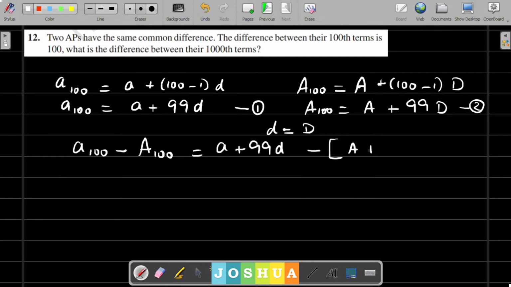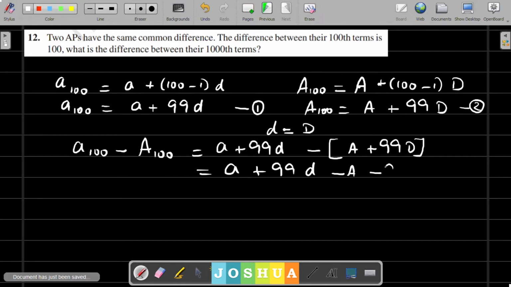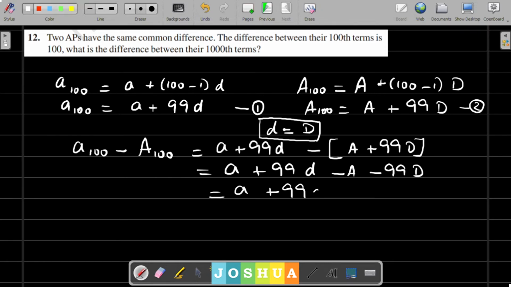In this case, first is a plus 99d minus (A plus 99D). When you expand this one, I have a plus 99d minus A minus 99 capital D. As per the question, small d is equal to capital D, the difference is common.